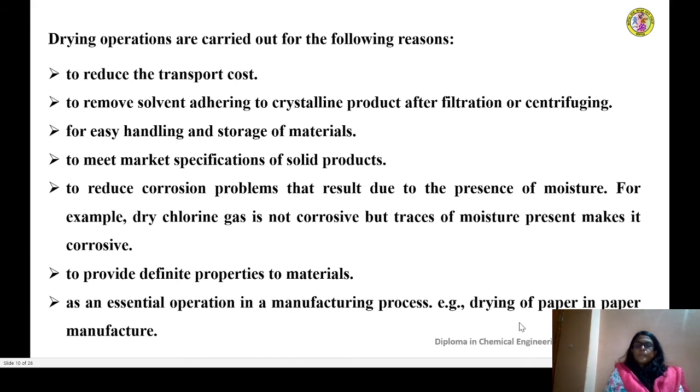Without paper being in dry condition, you cannot use it for any purpose. So this is an essential step in the manufacturing process of paper production. Like this, drying in some industries is an essential step in the sequence.